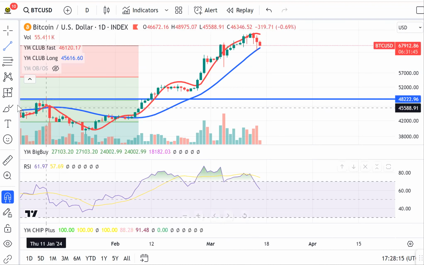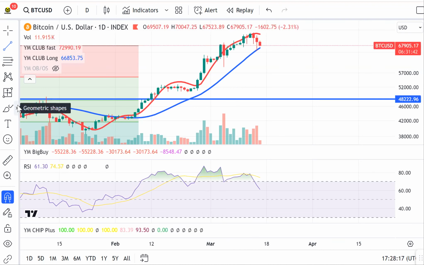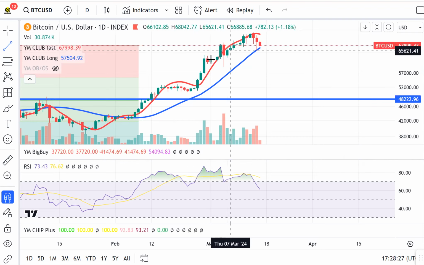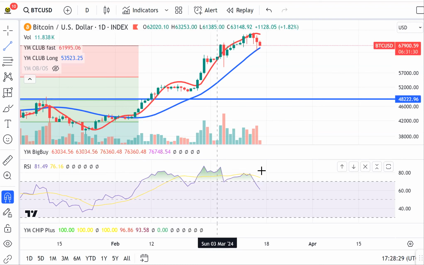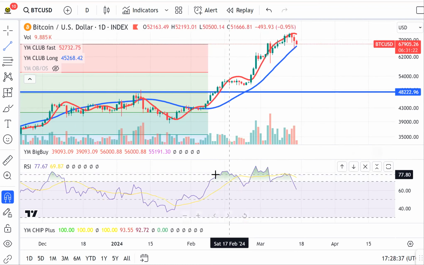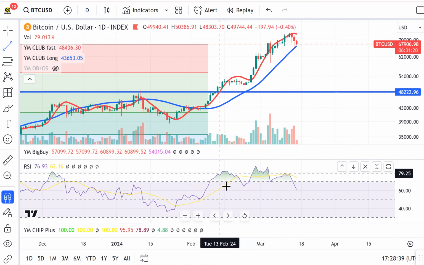And I want to give a bit of alert because most of the audience here, they don't have the indicator. You can use RSI also to look for any alert, okay? If they have a divergence, you need to be careful. If they have an overbought, you need to be careful also, because when it's overbought, we're supposed to try to avoid buying around this area when it is over 70.